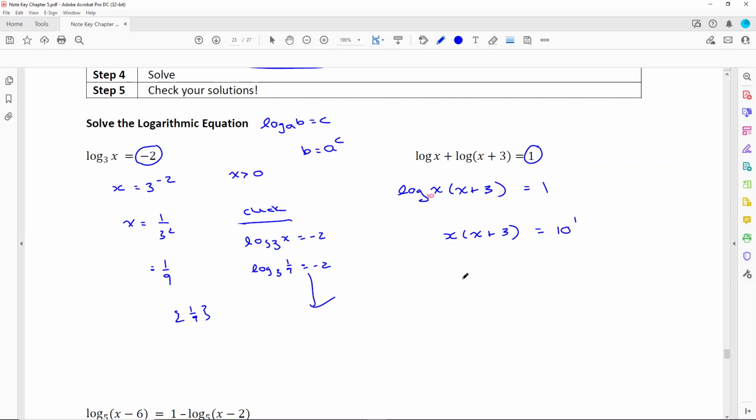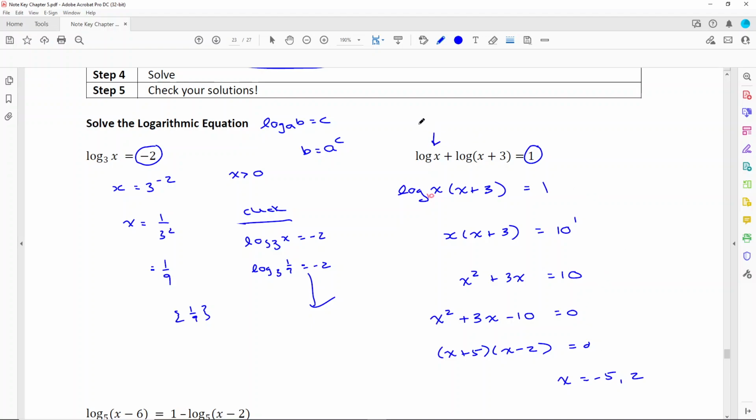Now I'm left with a quadratic equation. x times x is x squared, plus 3 times x is 3x equals 10. I'm going to solve by factoring or quadratic formula, but regardless, we have to make it equal to 0. And then I'm going to factor. So I'd have x plus 5 times x minus 2 equals 0, and so x equals negative 5 and 2. All right, again, I forgot to do my restrictions, but that's okay.